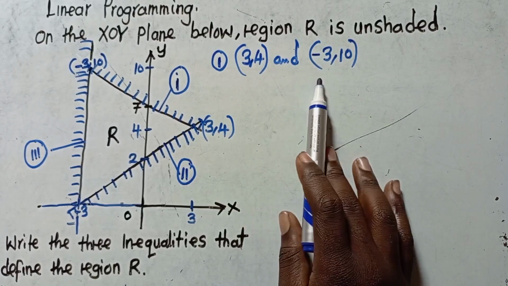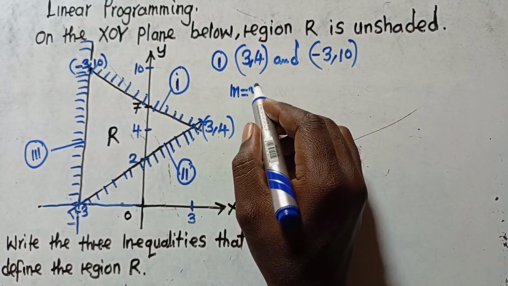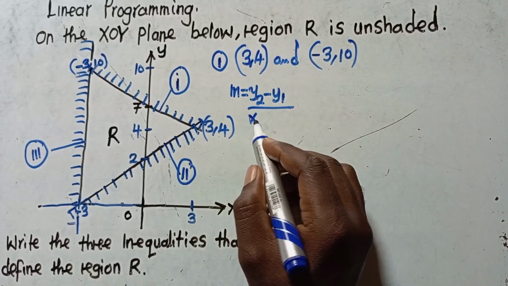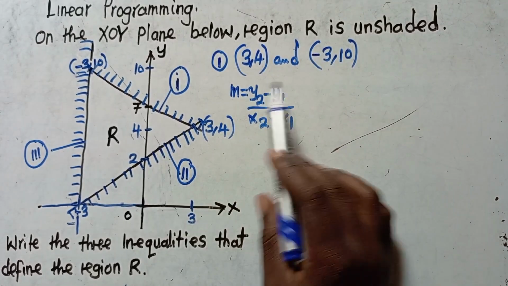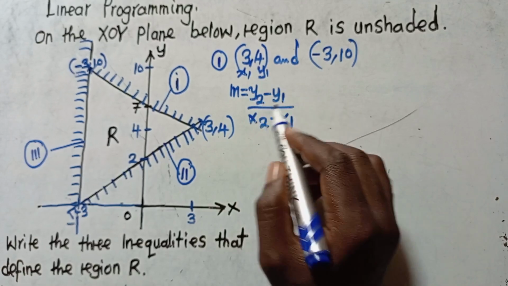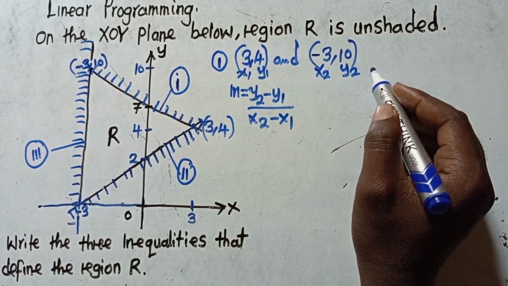How then do we find the gradient? I will say gradient is equal to (y2 minus y1) over (x2 minus x1). This is the formula for gradient, where this is x1, this is y1, that is x2, that is y2.